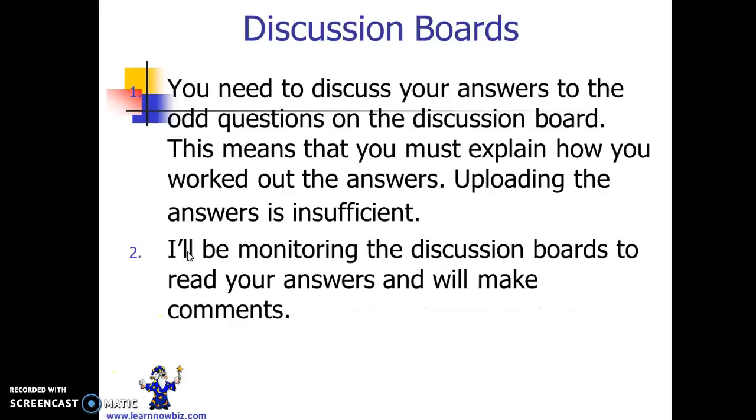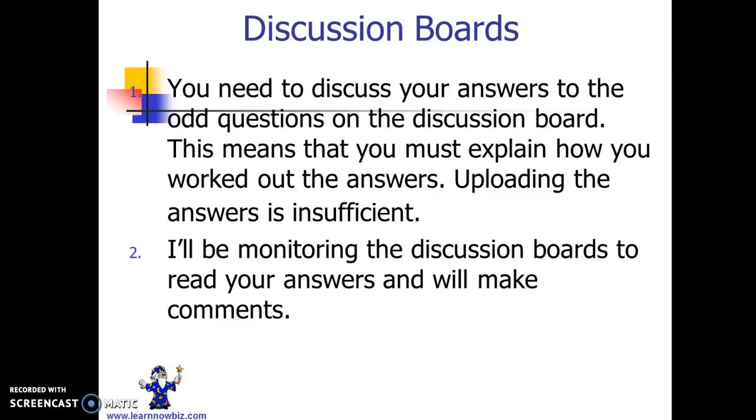The discussion boards are very important if you're studying this online. What I want you to do is discuss your answers to every odd question in the review questions on the discussion board. So discuss your answers for 1, 3, 5, 7, etc. This means that you must explain how you worked out the answers.